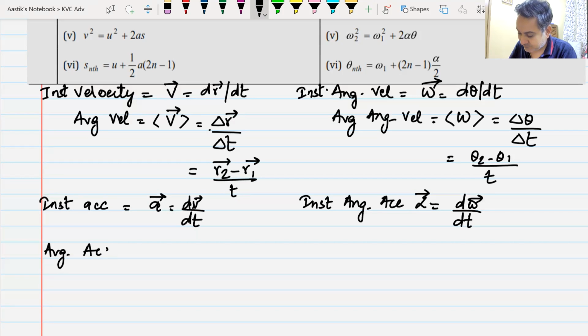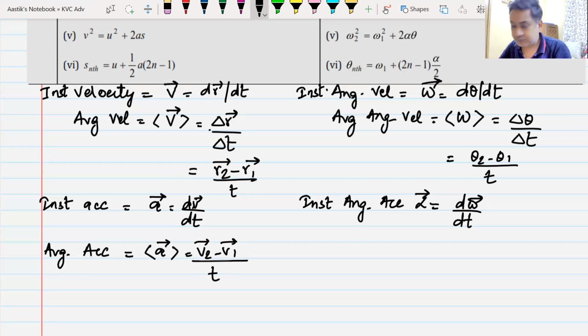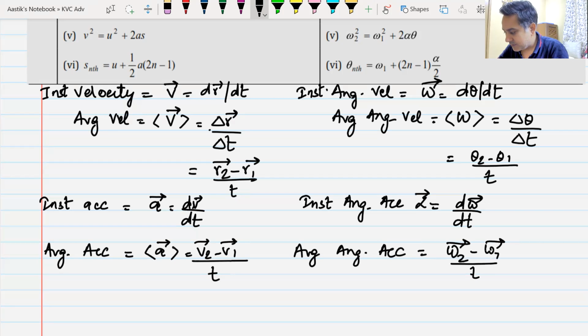There we had average acceleration, v2 minus v1 vectorially divided by t. Here we have average angular acceleration, omega 2 minus omega 1 divided by t.